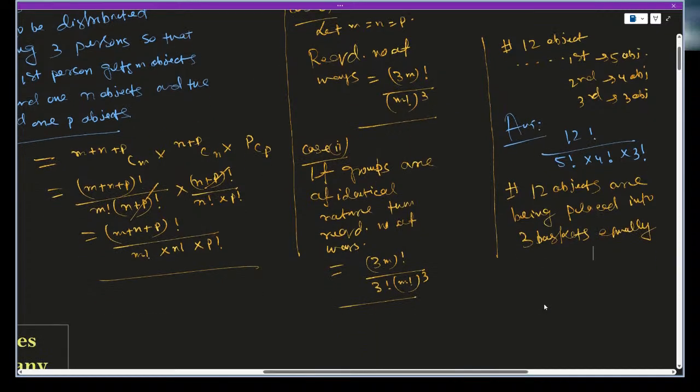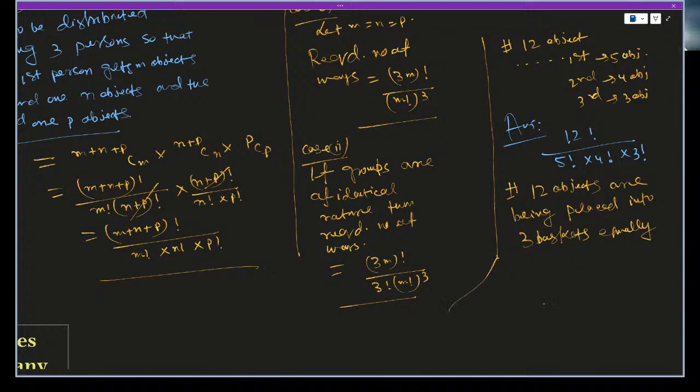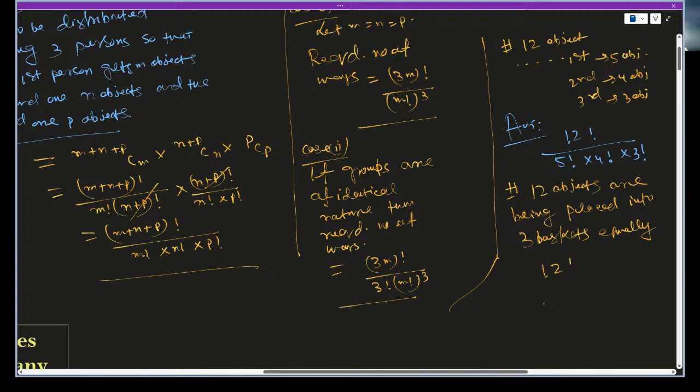Then how many ways will be there? 12 objects are being placed into 3 baskets equally. Then the arrangement will be factorial 12 divided by factorial 3, and everyone gets how much? Factorial 4 cube. Please don't forget this. This is very important for your JEE preparation. Division into groups. Okay? Done?